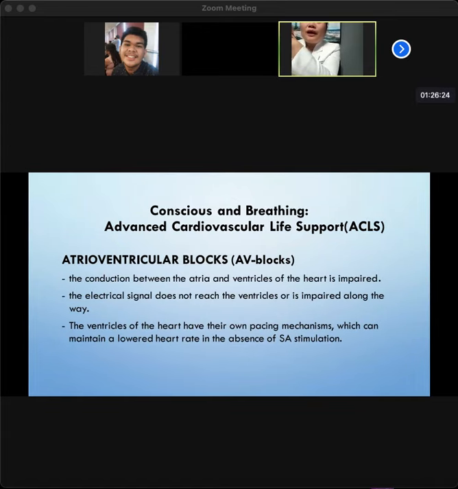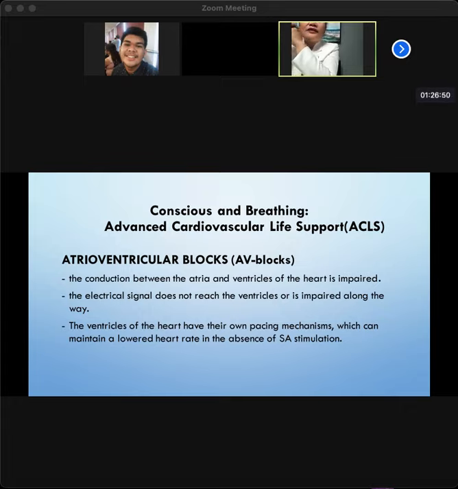So for AV blocks, the conduction between the atria and ventricles of the heart is impaired. Pag nagkaroon na ng hindi pagkakaunawaan si AV node and SA node, nagkakaroon na ng impairment dun sa contraction ng heart. Kaya nagkakaroon ka na ng abnormality.